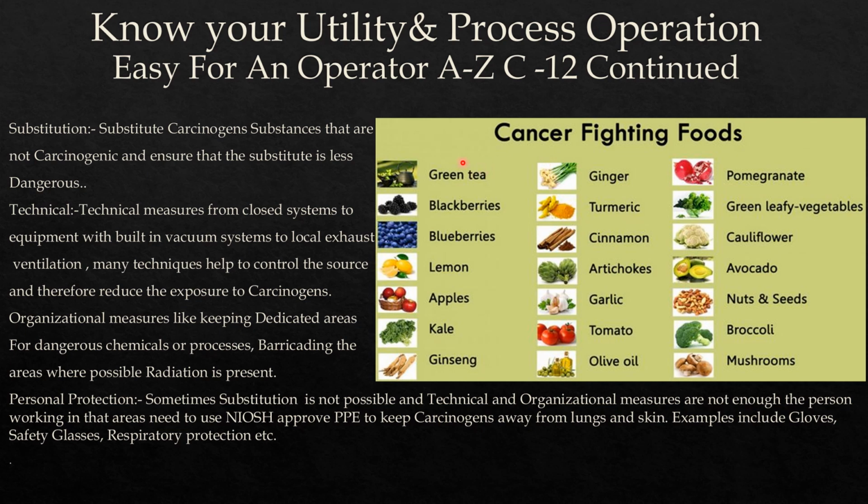Apart from this, some vitamins like B12 and other important vitamins are also used to fight cancer. We can see the importance of radioactive chemicals which are used in day-to-day life and in the industry in the coming episode.